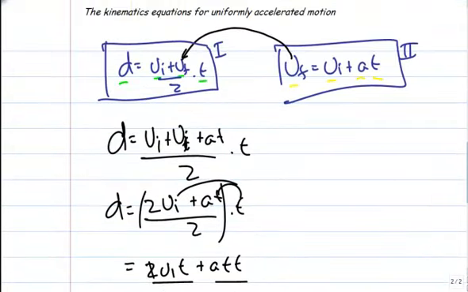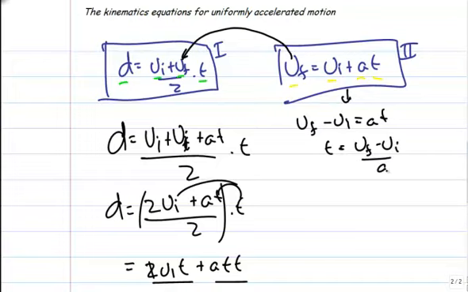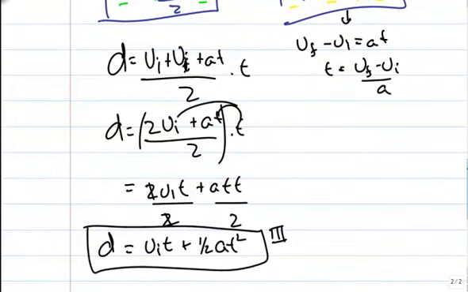And lastly, let's say we don't know T. So I'm going to go VF minus VI is equal to AT. So T is equal to VF minus VI over A. Just doing some algebra here.